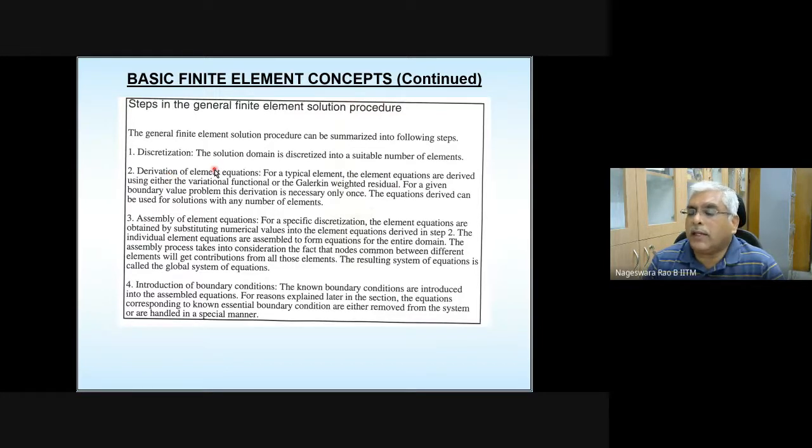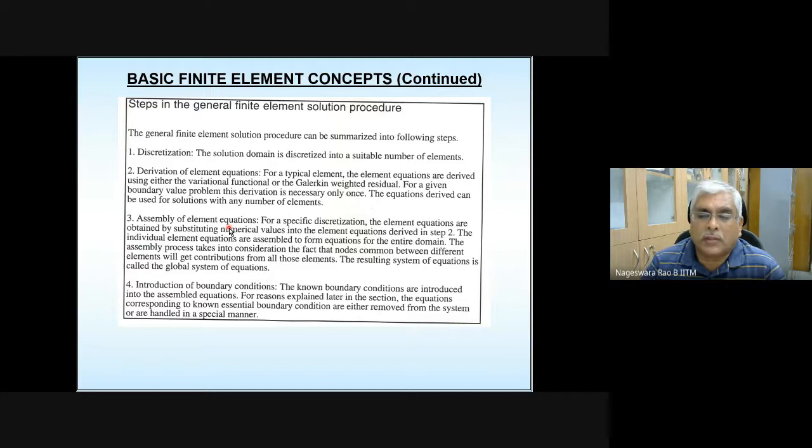Derivation of element equations, and then assembly of element equations. For each of the elements you get equations, and all these element equations need to be assembled. Once you get the element equations, you assemble them and get the global equation system.